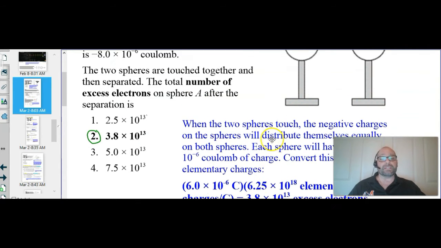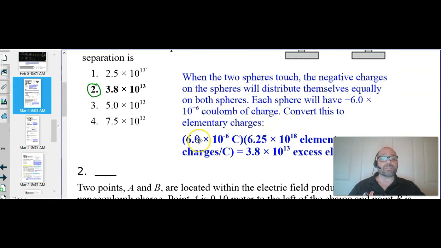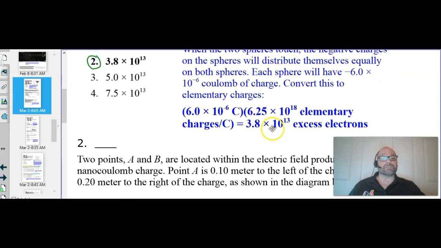So you had -8 and -4 microcoulombs. That gives you -12. Divide that by 2 to take the average, and that's where you get 6 × 10^-6 coulombs, and you multiply that by the conversion, 6.25 × 10^18 elementary charges per coulomb, and then this product gives you the number of actual charges for 6 microcoulombs.